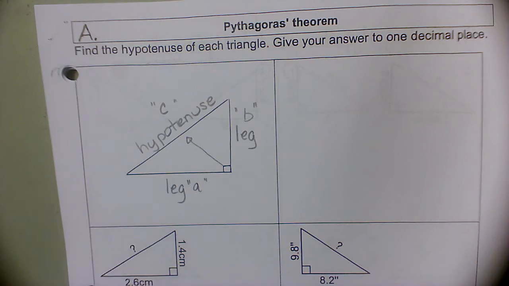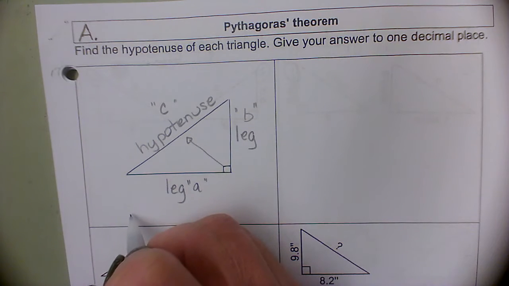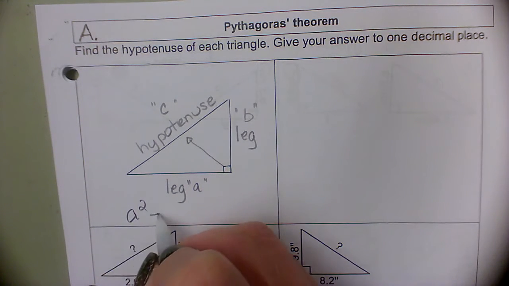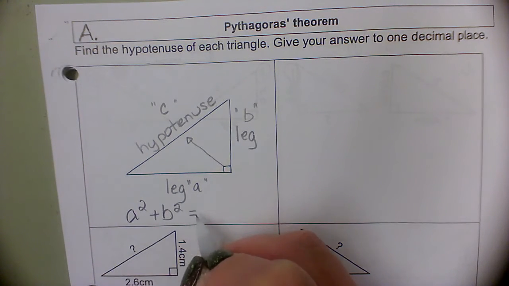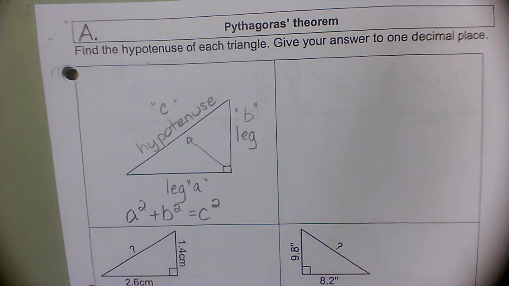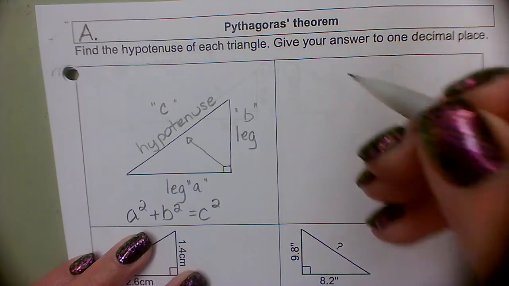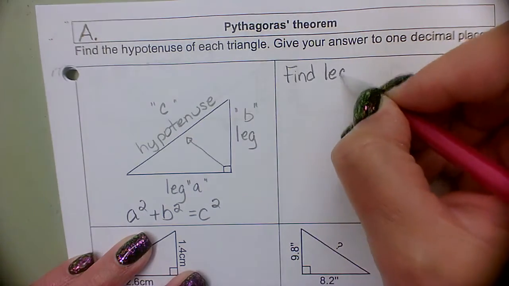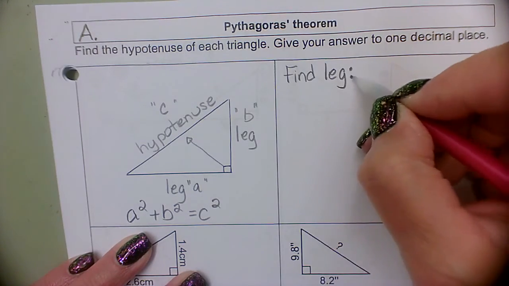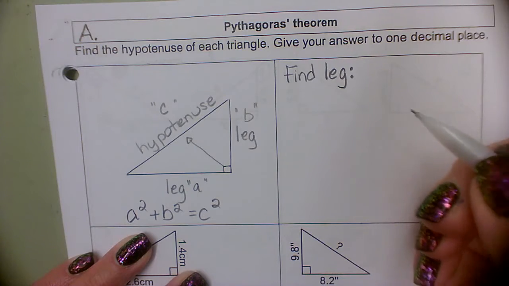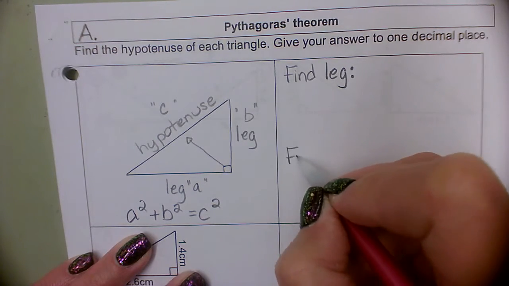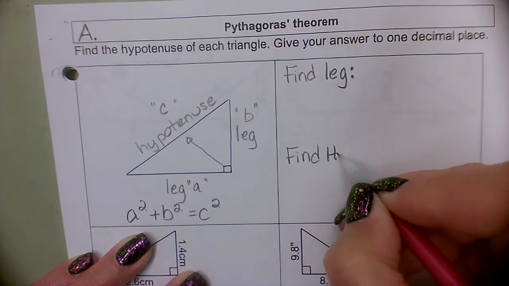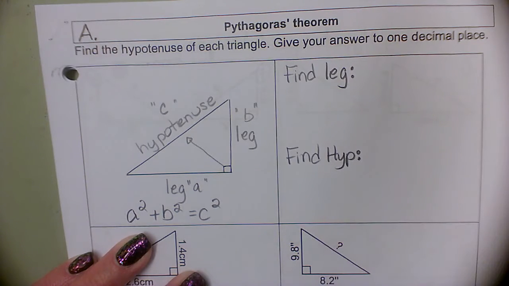So here is the relationship. The formula is A squared plus B squared equals C squared. Meaning that if I'm trying to find a leg, the non-hypotenuse, I am going to do this, and if I need to find the hypotenuse, I'm going to do this.